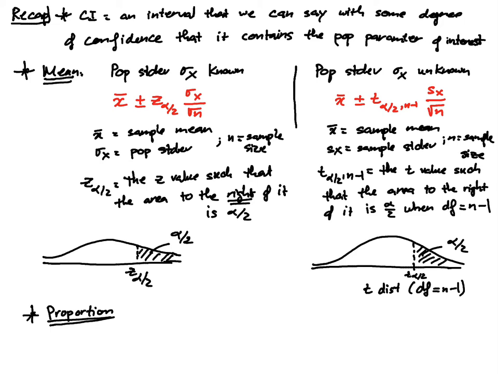When it comes to the population proportion, there's only one formula that we use, which is p bar plus minus z sub alpha over 2 times the square root of p bar times 1 minus p bar divided by n, where p bar in this case is the sample proportion, and z sub alpha over 2 and n are defined similarly to the two above.